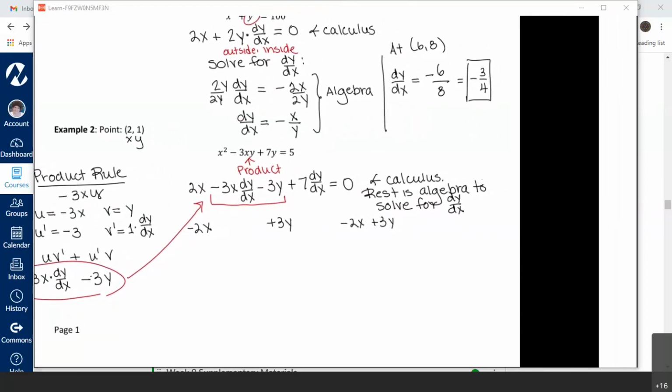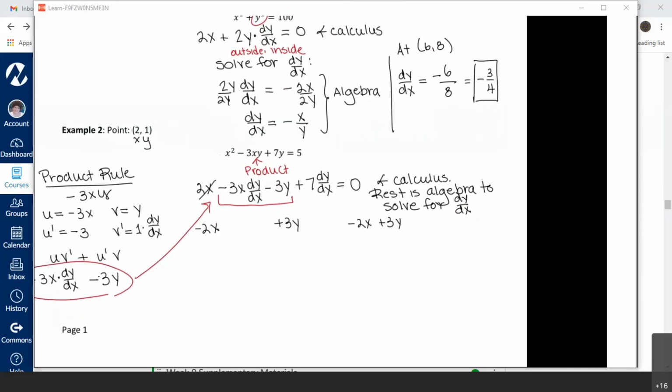Again, I'm trying not to copy everything over and over because I'm running out of space. Once I subtract the 2x on the left, you can see those go away. So does the minus 3y, and I'm left with negative 3x dy/dx plus 7 dy/dx. And on this side, I have minus 2x plus 3y.